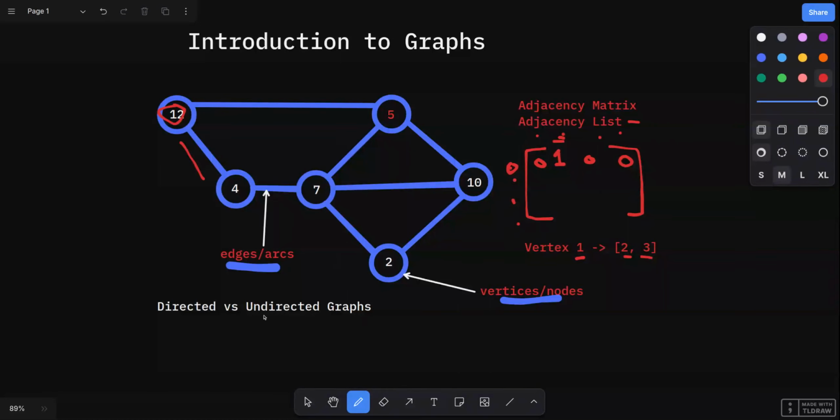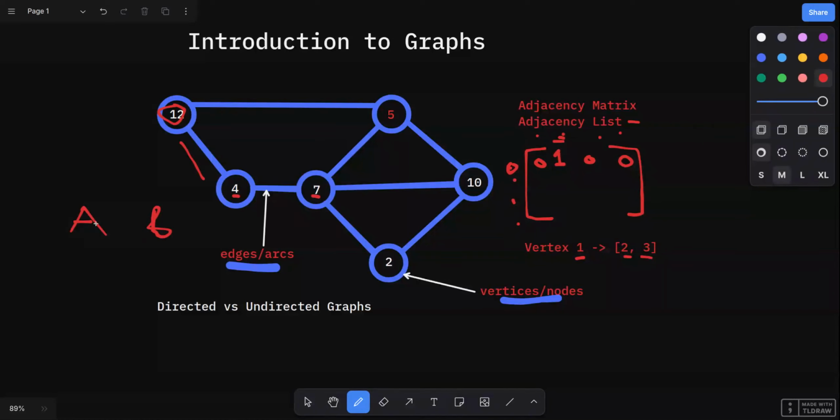And basically the edge between a vertex, let's say 4 here, and a vertex 7 can be traversed in both directions. So as you can see, between 4 and 7, there's no specific direction when it comes to the edge that is connecting them. So for example, in a social network, you'd have maybe person A, and then you have person B, right?